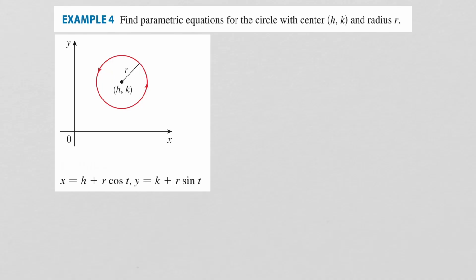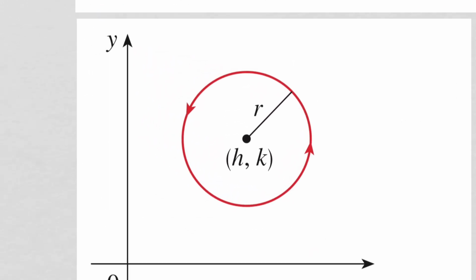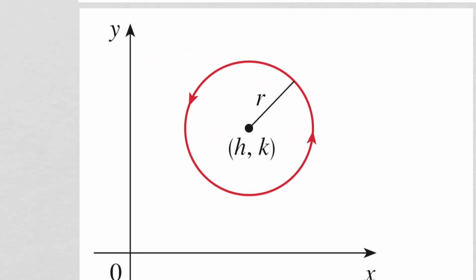In the next example, we're asked to find the parametric equations for the circle with center h, k and radius r. So here I have the graph of a circle whose center is at h, k and whose radius is r. Let's suppose that we choose a point on the circle here, and we'll say that the coordinates of this point are x and y.